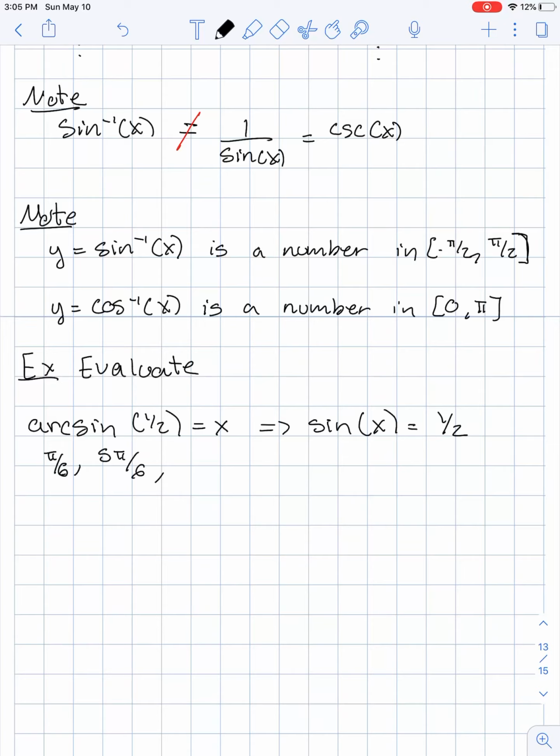But so pi over 6, 5 pi over 6, what else? What's another one? If I add 2 pi to that. And so on, right? But I'm only between negative pi over 2 and pi over 2.